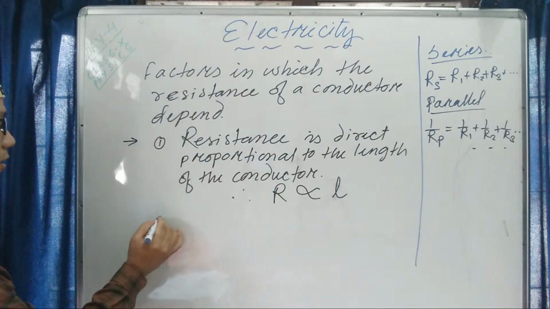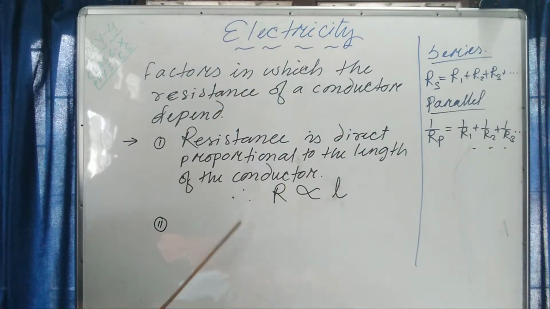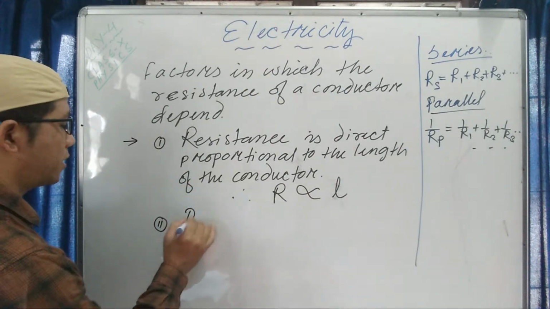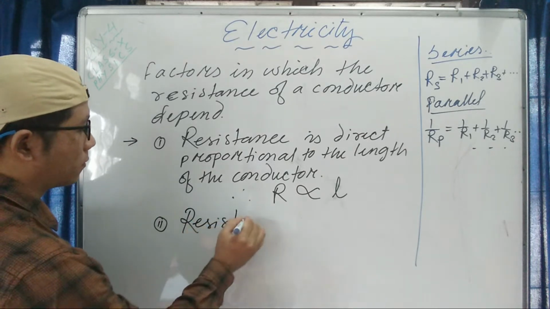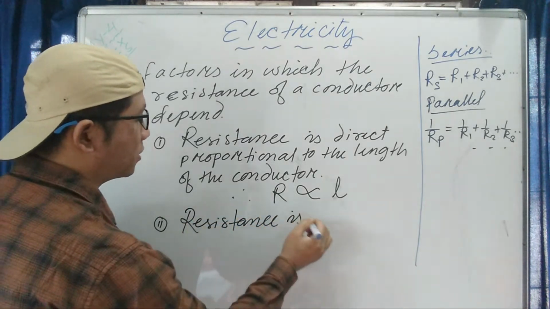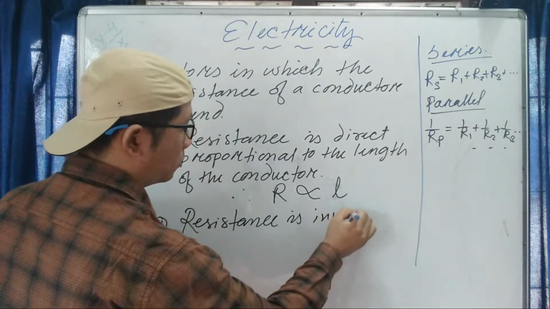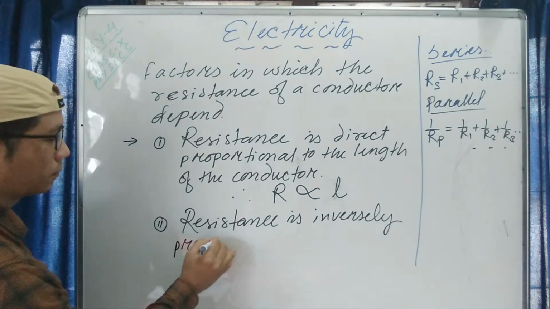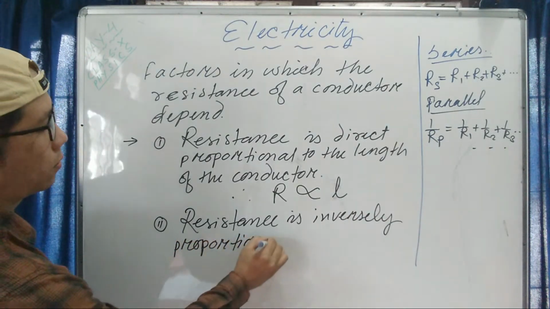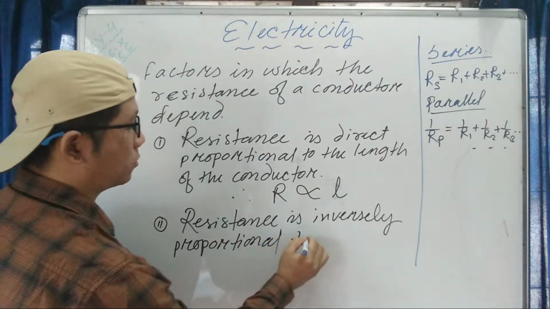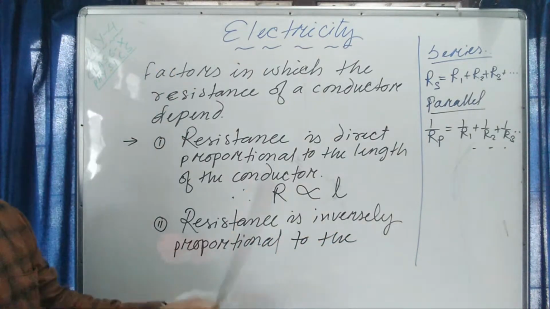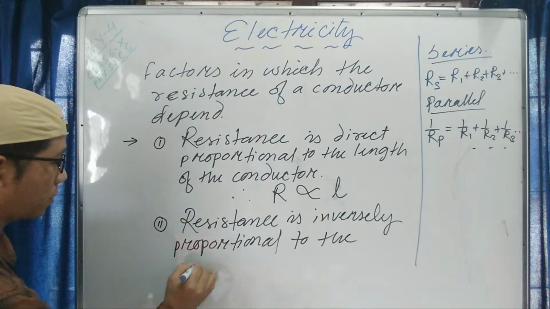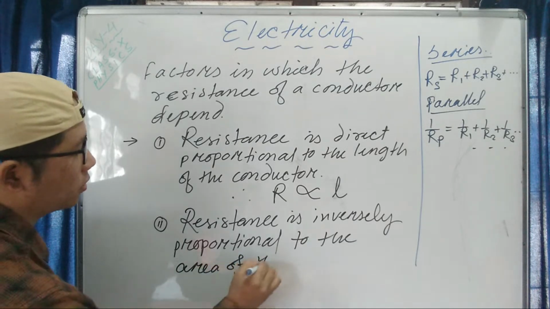The second point is that resistance is inversely proportional to the area of the cross section of the wire, or the conductor.